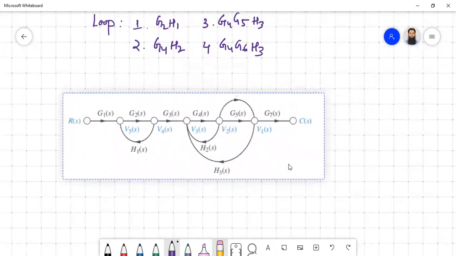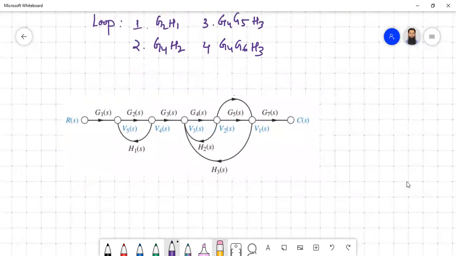Okay, so how many loops did we already calculate? We have loop one here, loop two here, loop three here, then loop four. Now two at a time, with their corresponding gains. How many two-at-a-time combinations are possible? First of all, this one and this one are not touching, they're not sharing any nodes, so they can be one combination.